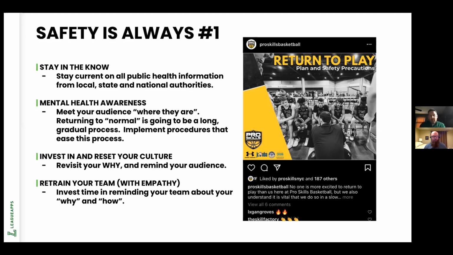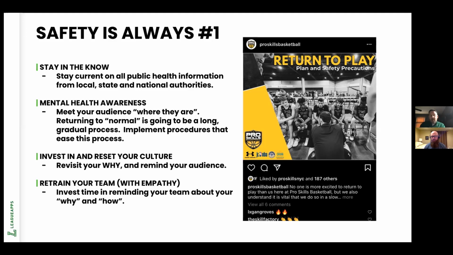Lastly, before I turn it over to Taylor, I'm just going to talk about the retraining and going through that same conversation about culture with your team. We've talked a lot about participants. Your participants are going to be struggling with the physical requirements. They're going to be dealing with the mental health situation. So is your staff. So investing the time in reminding your own team about your why and about your how is going to be really important.